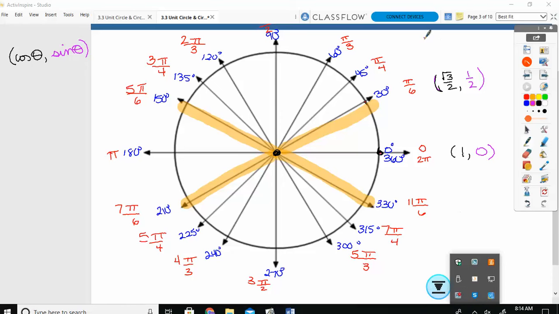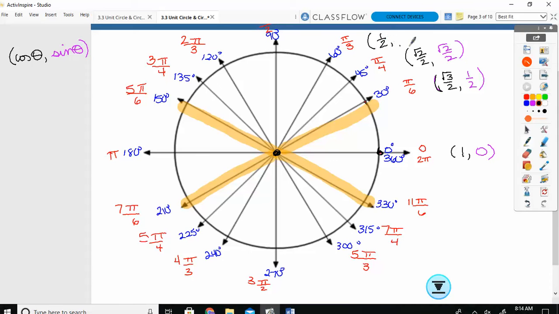Yeah. So at pi over 4, or 45 degrees, you do the hand trick. So cosine is the square root of the bottom over 2, so that would be square root of 2 over 2. Sine of 45 degrees is square root of 2 over 2. At 60 degrees, what is the value of cosine? 1/2.